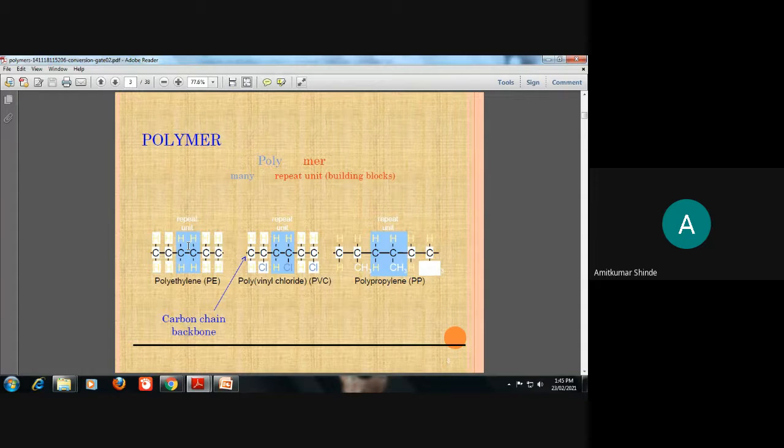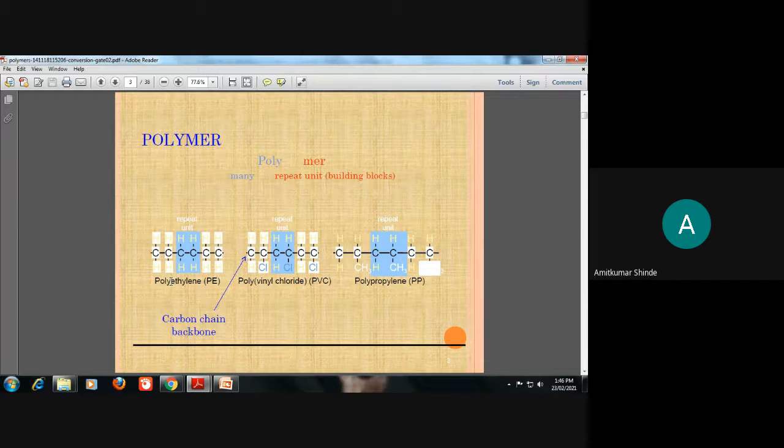If you see its adjacent portion, the same unit is repeated again. See the adjacent region on the right side. Two carbon atoms, and each carbon atom has joined with two hydrogen atoms, and there is a single bond between the two carbon atoms. This is the repeating unit present in polyethylene.